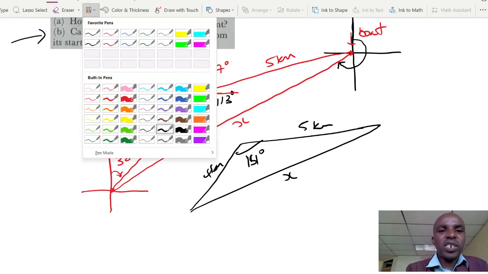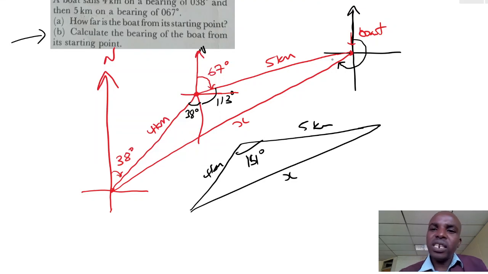This part up to this red line, north is parallel to north, so you can use co-interior angles with 67 degrees. 180 minus 67, it will be 113. Or just say it's the same as this 113, because they are Z angles, right?